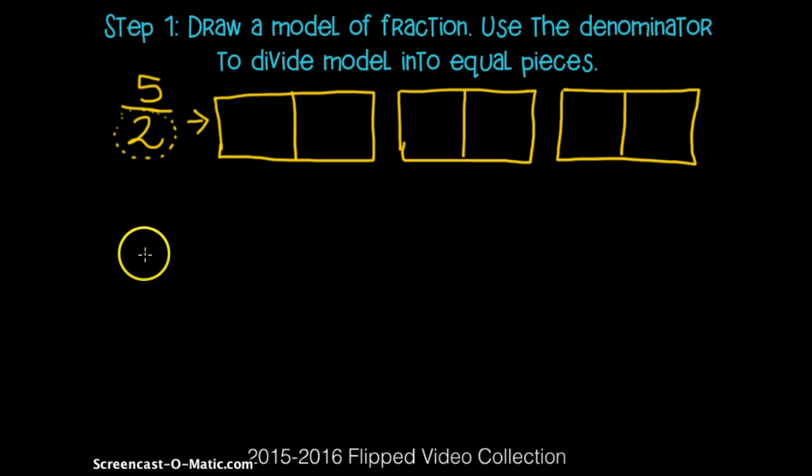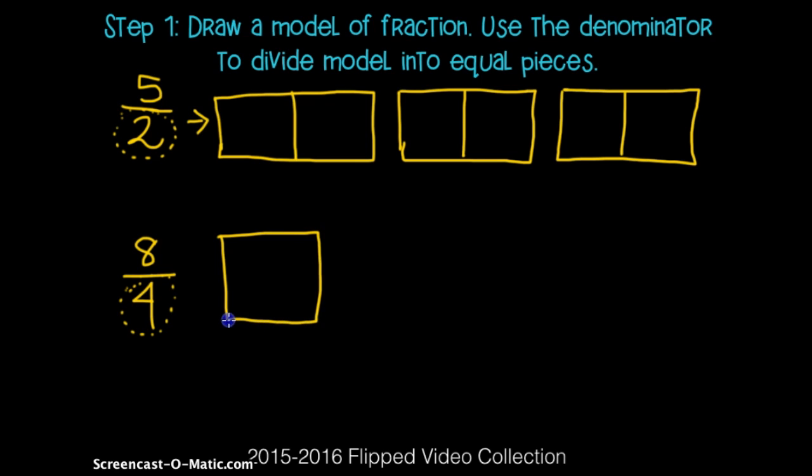Let's see, what if I had 8/4? Same concept would apply. I'm looking at my denominator to see how many pieces I need to cut my model into. So I've cut those into 4 equal pieces.